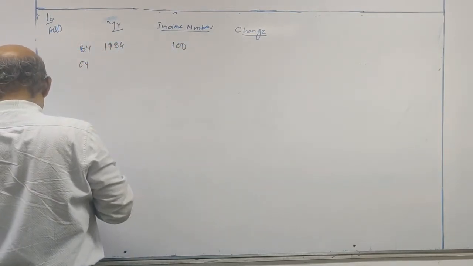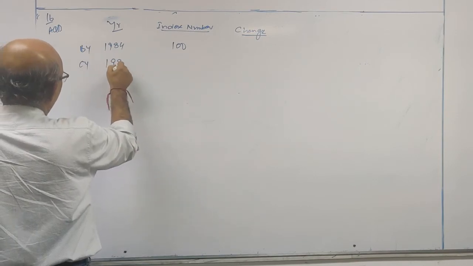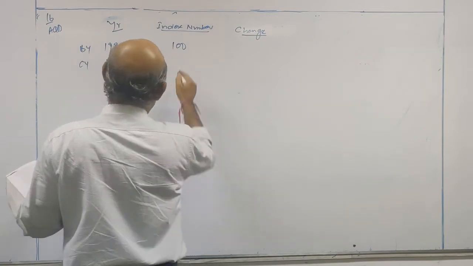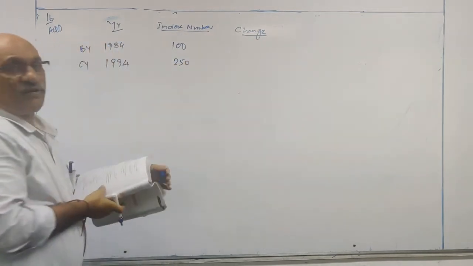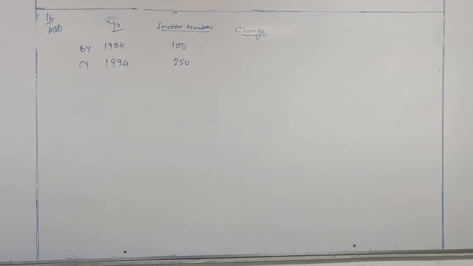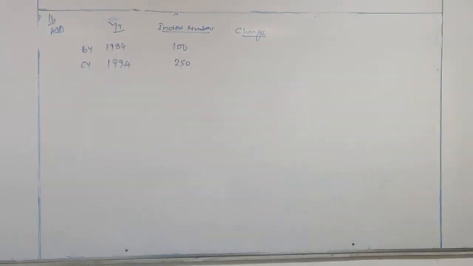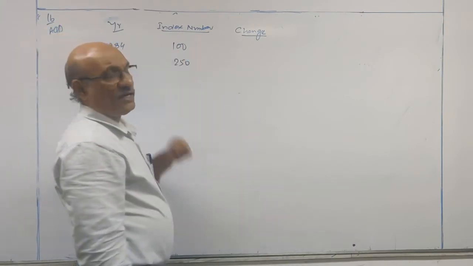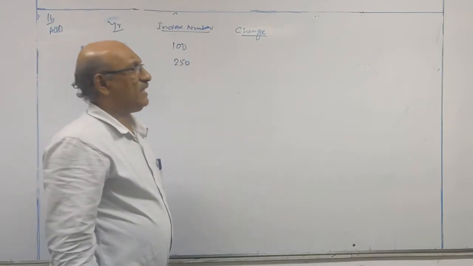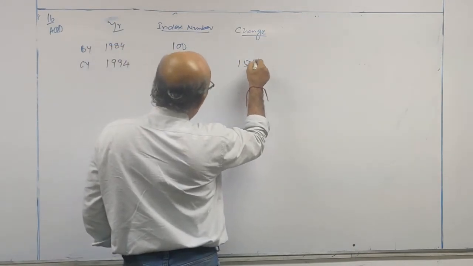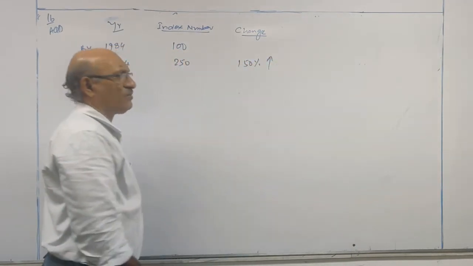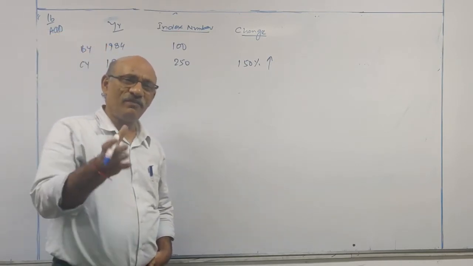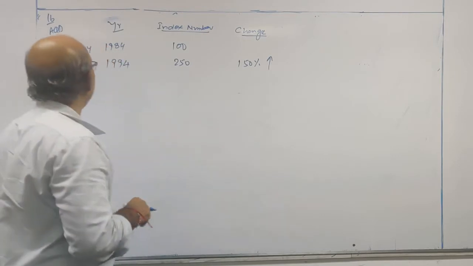Now the current year 1994, its index number is given as 250. So change you can calculate: current year index minus base year index is 150. So the price of this commodity is increased by 150%. It is an upward trend.